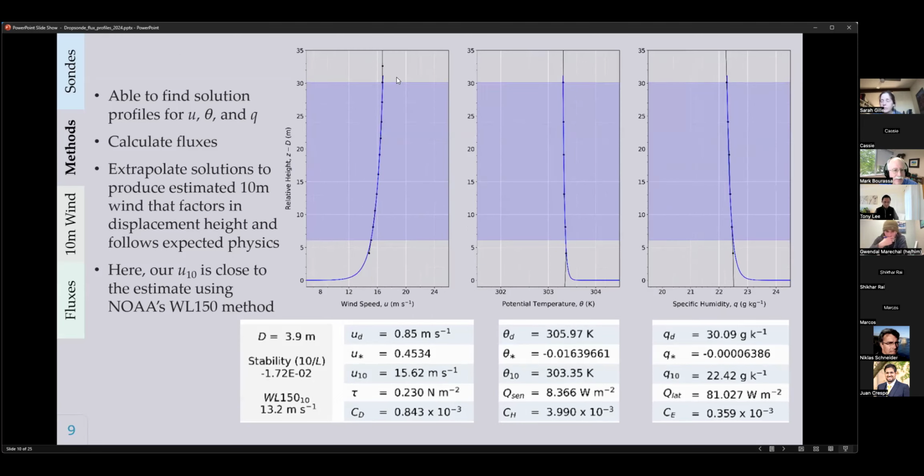for the response time. And if we look at this in a log coordinate system, then you can see the more typical log curves that people are used to seeing, where again, this is z minus d and 0 is d in this coordinate system. If you did it relative to the surface, then this would all be pushed up about 4 meters.